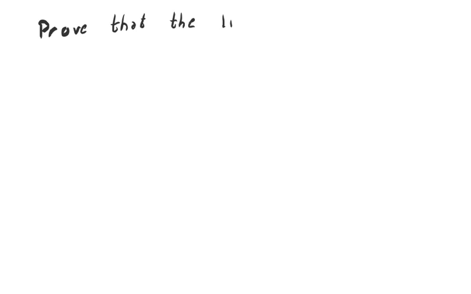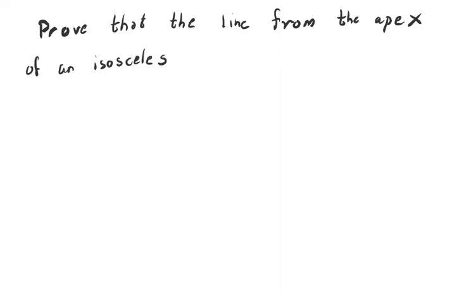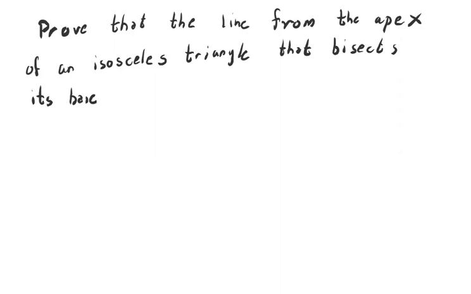Prove that the line from the apex of an isosceles triangle that bisects its base is perpendicular to the base.